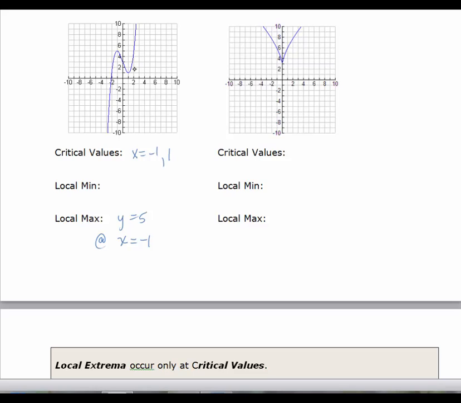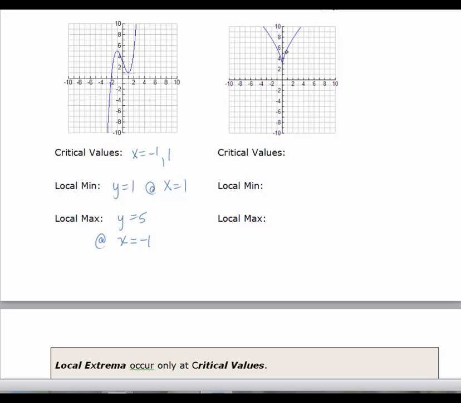We have a local min right here at x equals 1, but the actual y value also happens to be 1. So the local min is y equals 1, and it occurs at x equals 1. So it's important to distinguish between where the x value, where the minimum and maximum occur, and what the actual value of the minimum and maximum are.